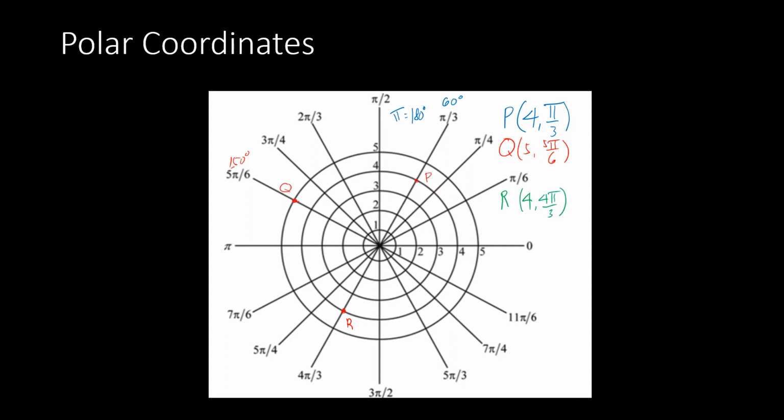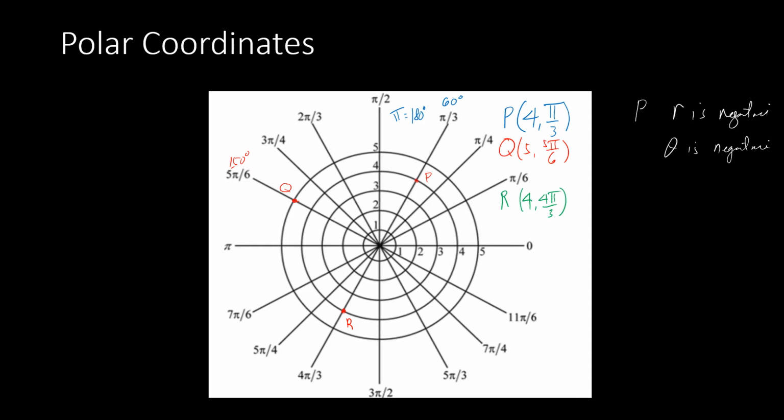Now, at this point, let us express the coordinates of P wherein R is negative as well as theta. So both R and theta are negative. For the angle, it is pi over 3.